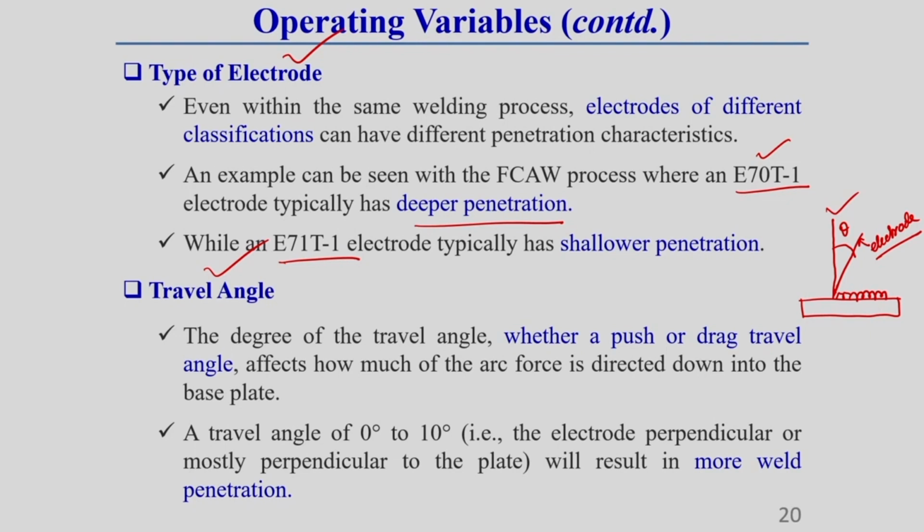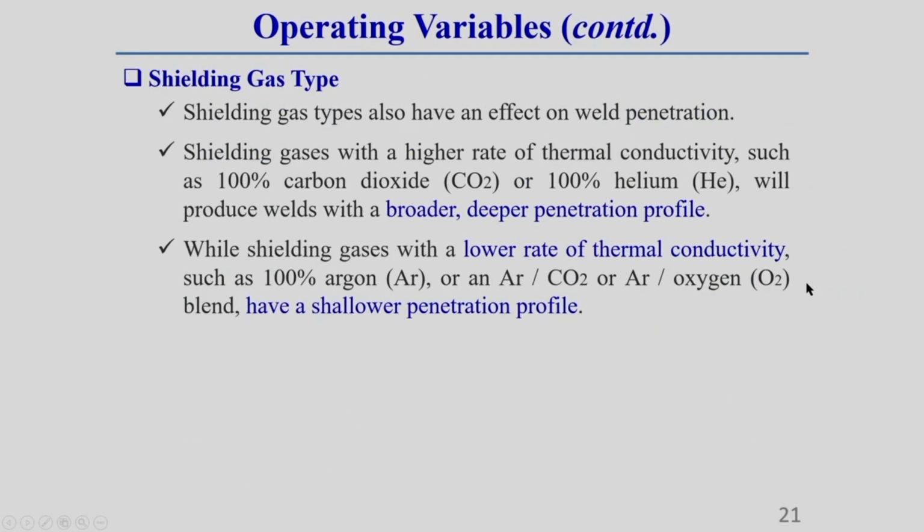Okay. Now generally just keep it in mind, for welding with better penetration, this travel angle should vary from 0 to 10 degrees. Okay. Now shielding gas type. If we use shielding gas, an additional shielding gas to protect the molten pool from atmospheric contamination, there can be different types of shielding gas.